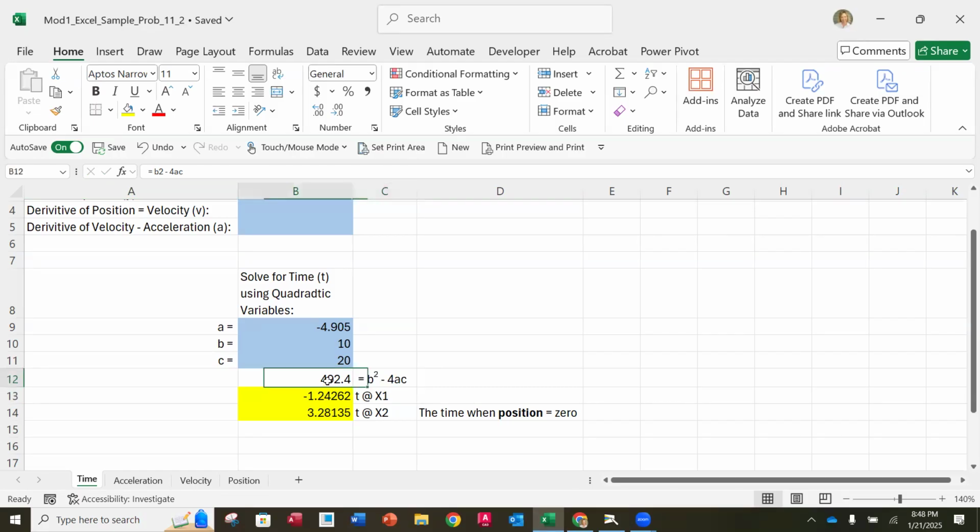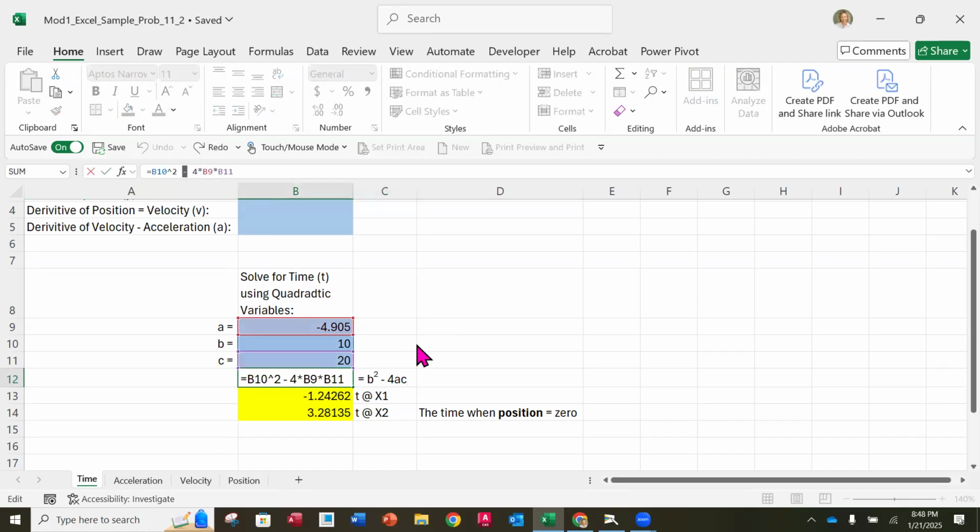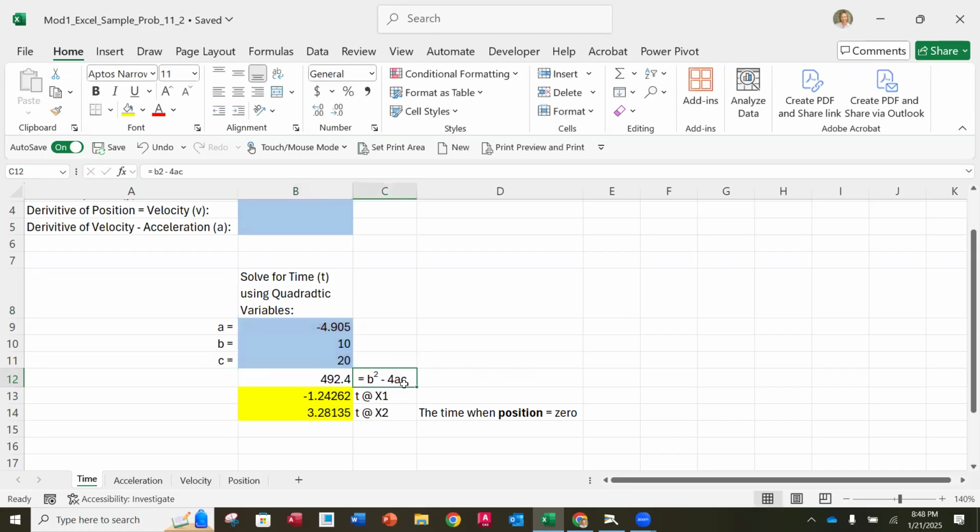So here, do you have the minus sign here? See, it's that little stuff. Negative b plus square root. No, I didn't put the negative on this one. So it's just b. So mine is B10 because that's that.